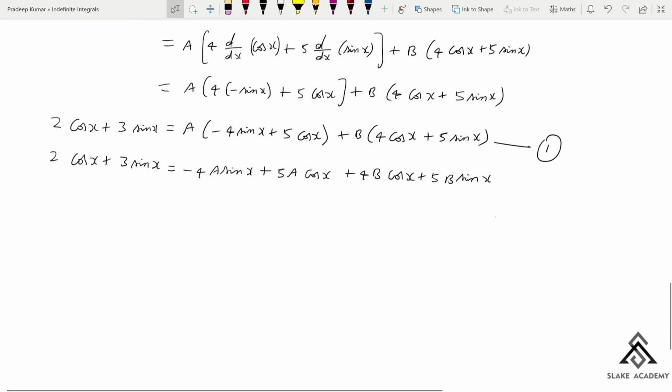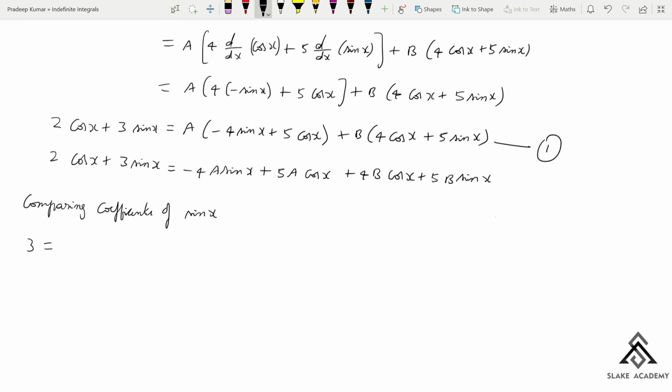Comparing coefficients of sin x, the sin x coefficient on the left is 3, and on the right hand side it is minus 4a + 5b. So minus 4a + 5b equal to 3. Let's say this is equation number 2.